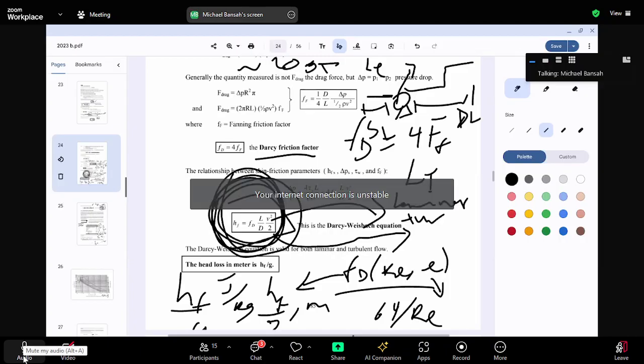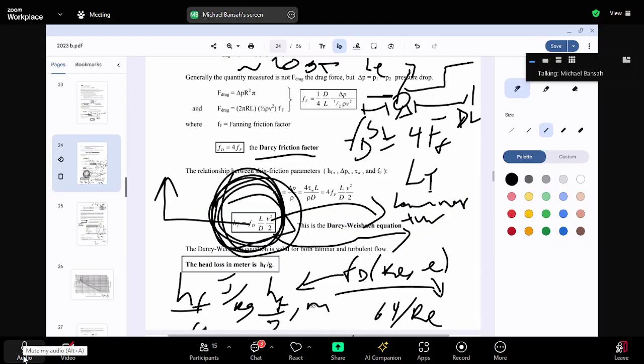In this equation, back to this, okay? The total length over D, V squared over 2g. In this equation, note that whatever length they ask you to calculate is the total. You must use the total length for now.